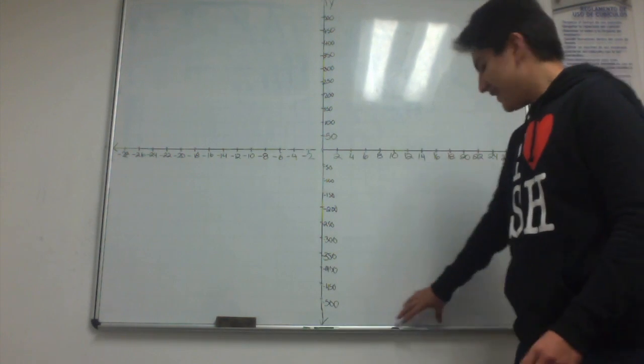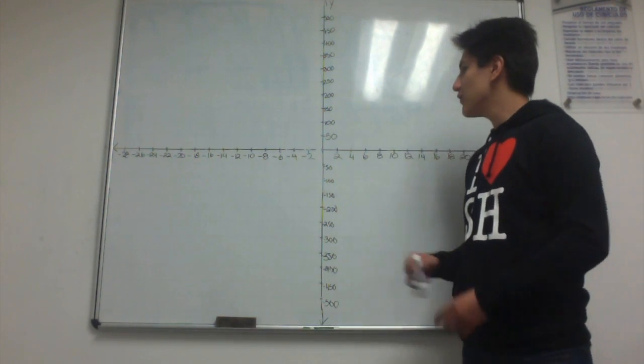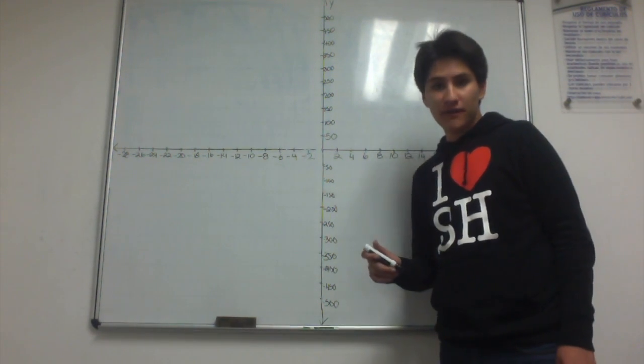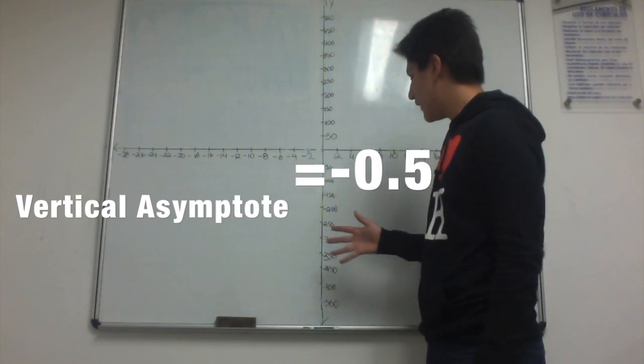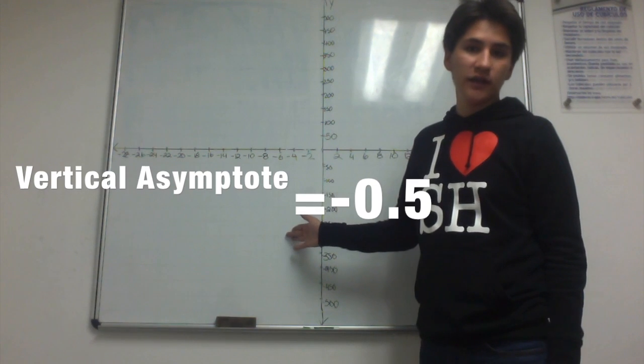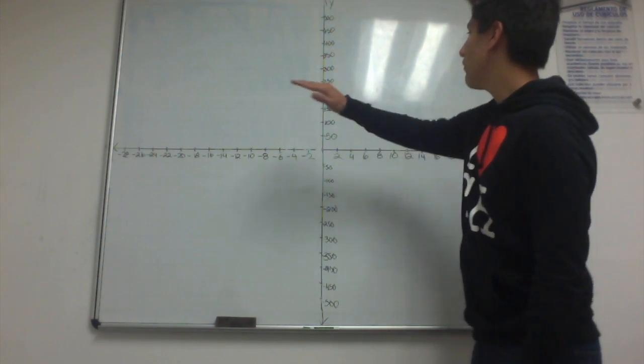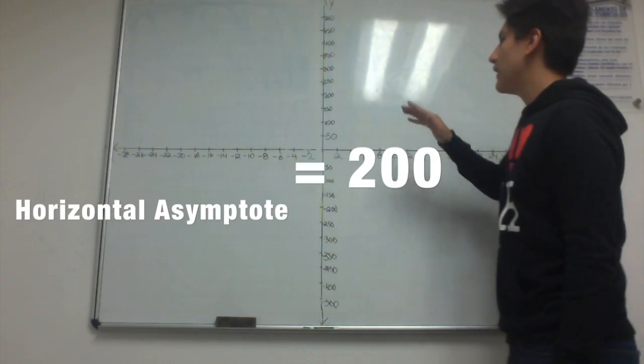So, we're about to graph our rational function. Do you remember? Our vertical asymptote was at minus 0.5 and our horizontal asymptote was at 200.